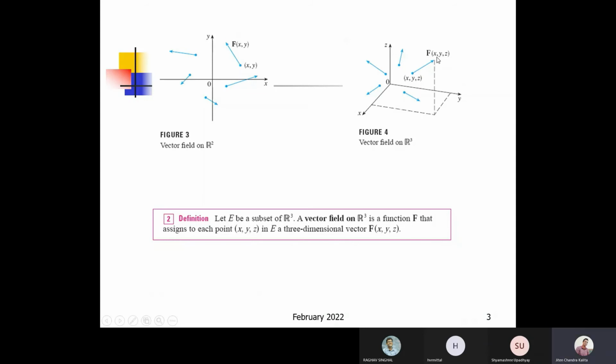So this vector I can express to be something like f1 i plus f2 j plus f3 k, right? So that means this length is going to be f1, this length is going to be f2, and this length is going to be f3, right?